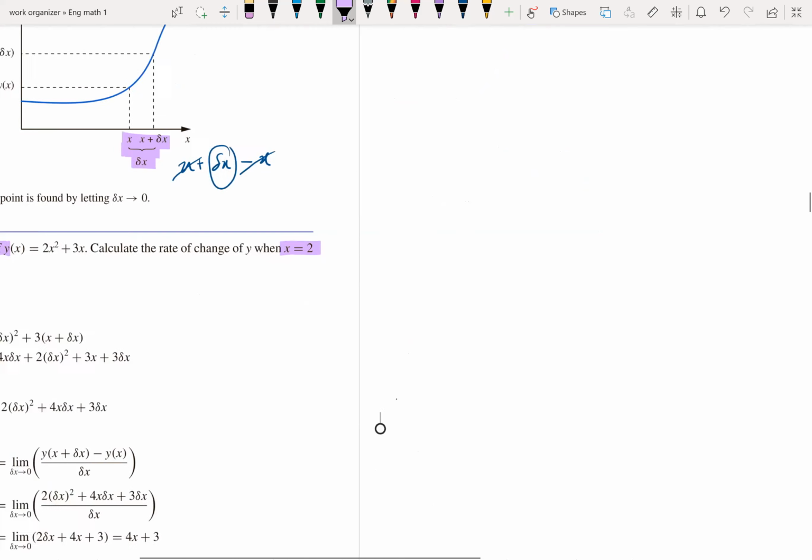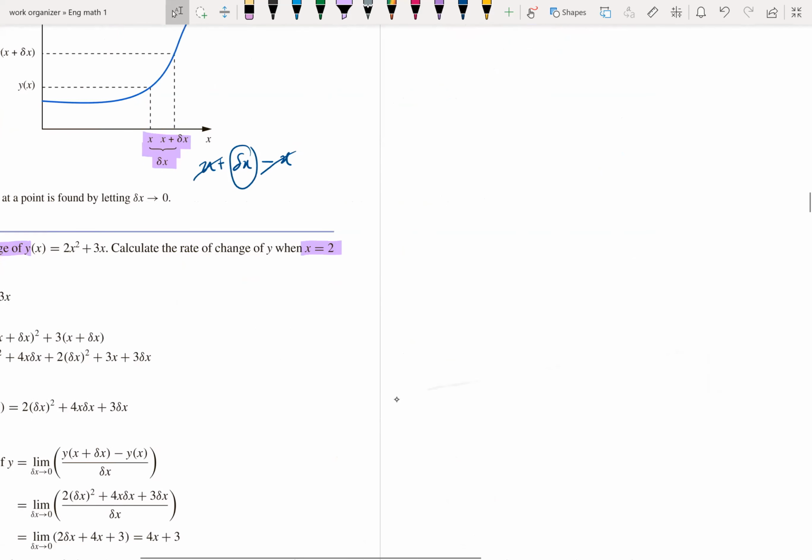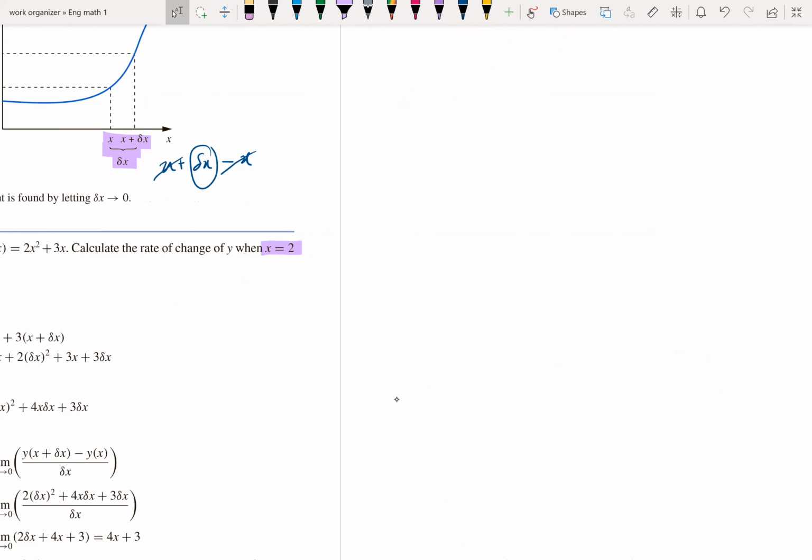So the rate of change of y is delta y over delta x.